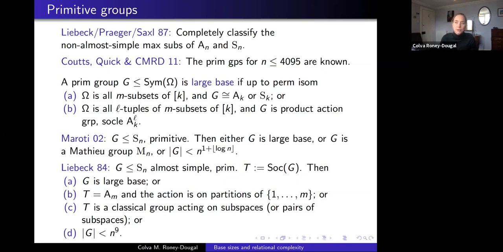It's got size at most n to the 9. So we're not talking like n to the log n here, we're genuinely n to the 9. It's teeny, teeny, tiny. So for lots and lots of applications, again, first 3 cases, we have quite a lot of information about the action, not quite as much as we did for Babai's, but we've got a tighter bound at the end of it, or it's really, really tiny.